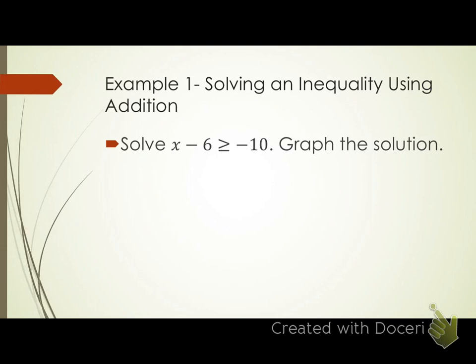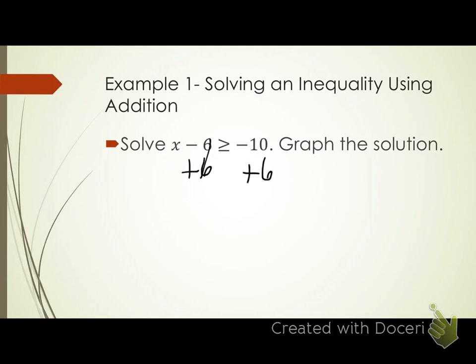If I have x minus 6 is greater than or equal to negative 10. Yep. 6 is being subtracted from x. What's the inverse of subtraction? Addition. So I'm going to add 6.